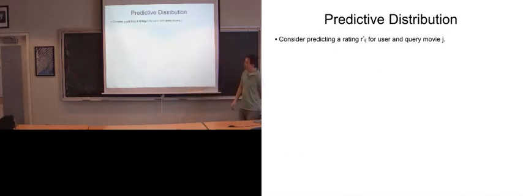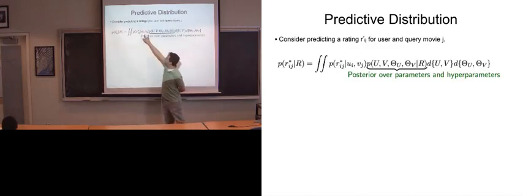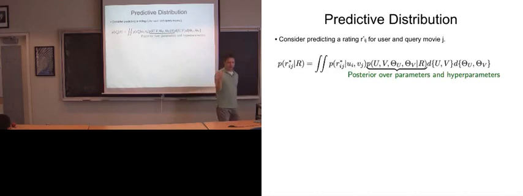But now the question is, how can we predict? All we're interested in is predicting a new rating for user i and query movie j. In order to make a prediction, given a user feature vector and movie feature vector, we can predict the rating, but then we have to integrate over the whole distribution, over the latent user feature vectors as well as the hyperparameters.